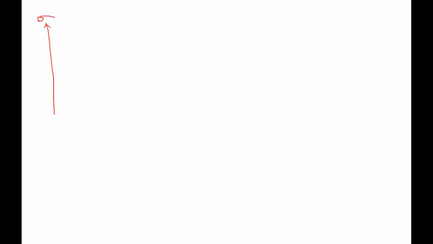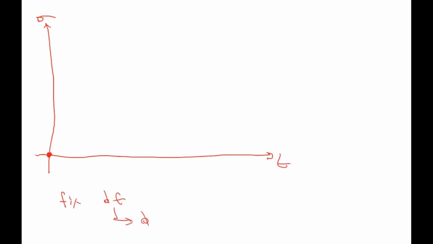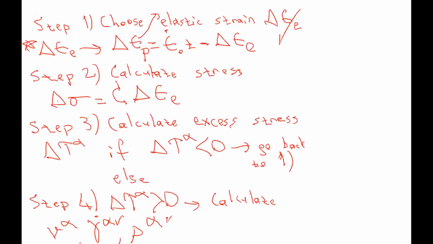Stress versus strain. We always start at the same location and we always fix, don't forget, fix the epsilon, which is the epsilon elastic and the epsilon plastic. Here, first step, you just choose an elastic strain, epsilon 0.